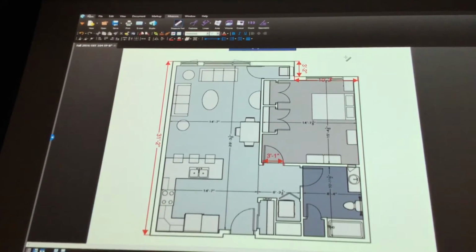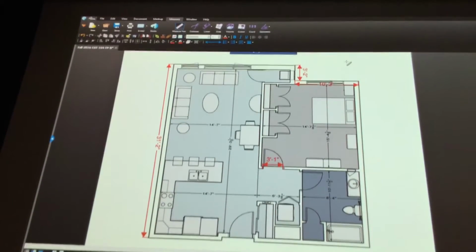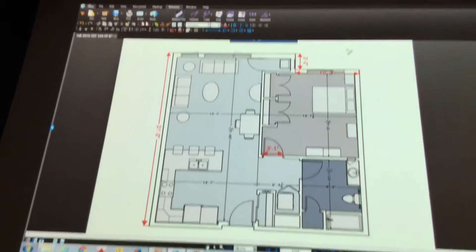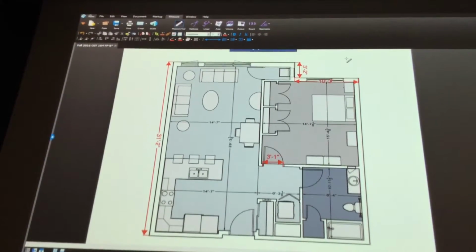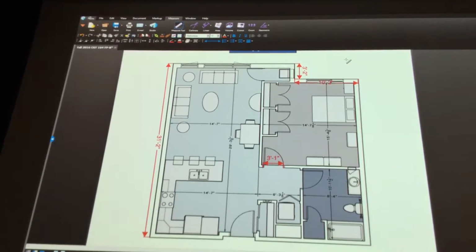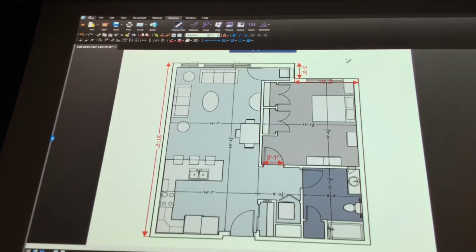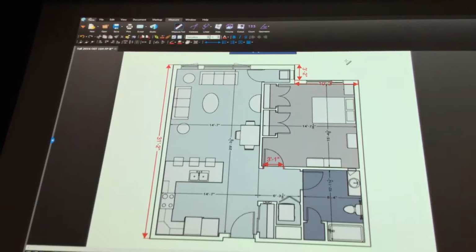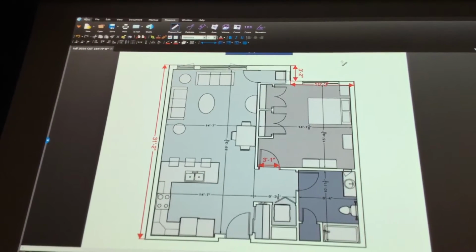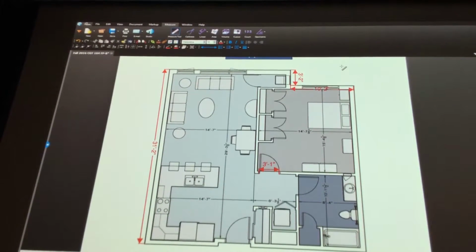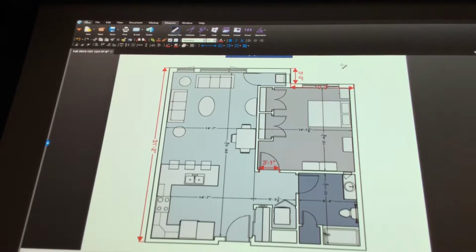They'll peel off Anderson Windows, spec them out, and then the contractor will follow what the architect said and buy the Anderson Windows. So don't draw the windows. The only thing you're really drawing is the walls and the doors, and you're placing in cabinets and bathroom fixtures and all that other stuff from the file I gave you.